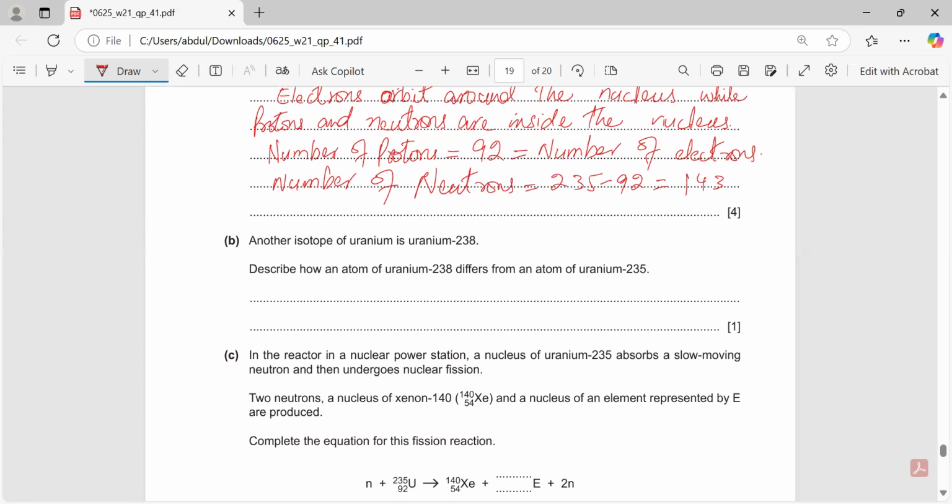Another isotope of uranium is U-238. Describe how an atom of uranium-238 differs from an atom of uranium-235. See, isotopes are atoms of the same element with the same proton number, but different neutron number.